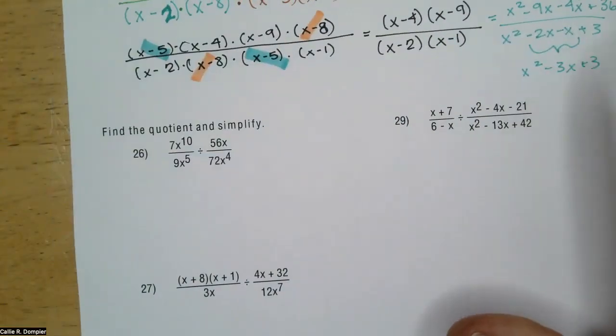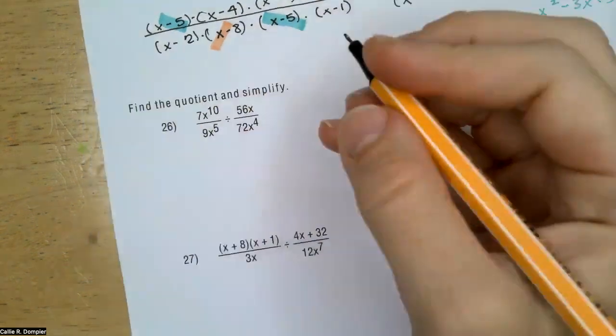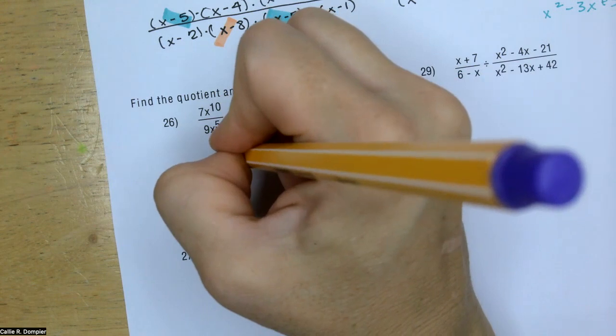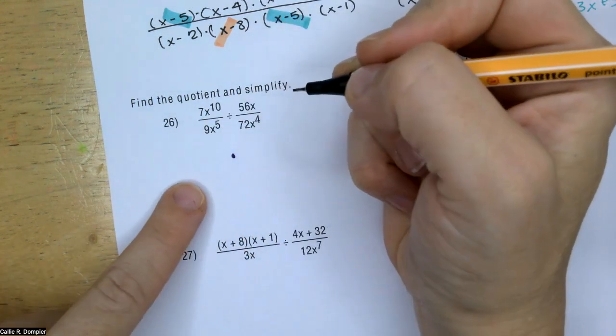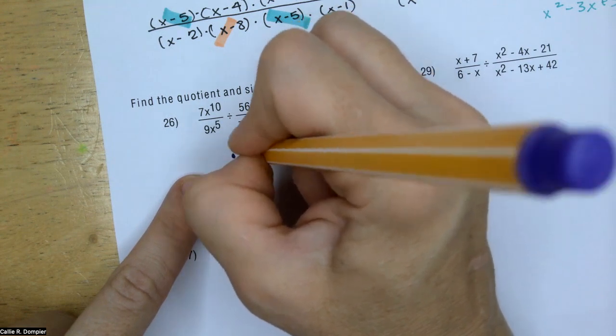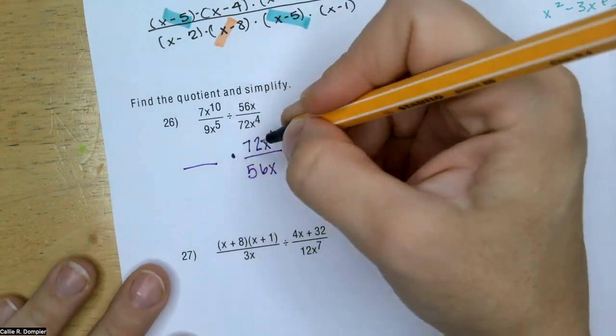All right, find the quotient and simplify. So remember, KFC: keep the first term, flip the second term, change the sign. So we're changing the sign from division to multiplication. And in order to do that, we had to flip. Now the 72x to the fourth is on top and the 56x is on the bottom because multiplying is easier than dividing.